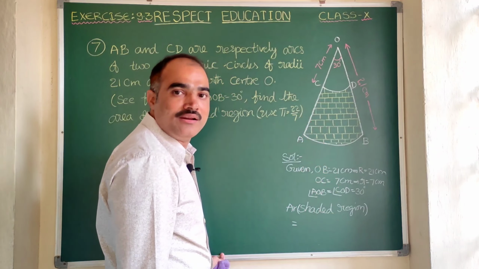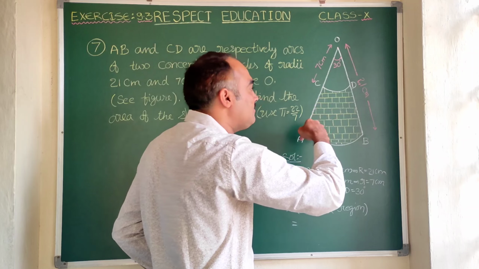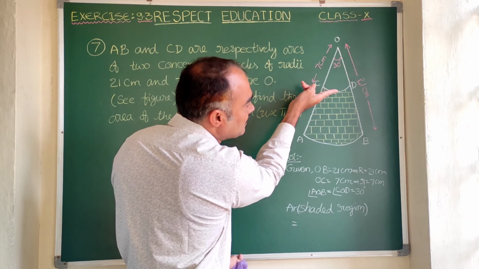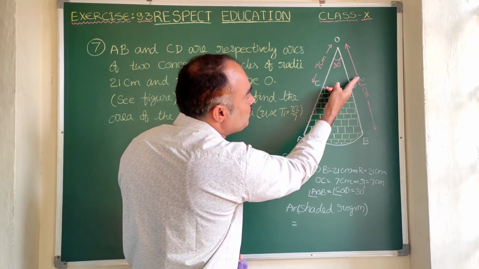Similarly, OCD is the sector of the smaller circle. To get the shaded region, you consider the area of the sector of the bigger circle OAB, minus you just cut this portion OCD, that is nothing but the area of the sector of the smaller circle.